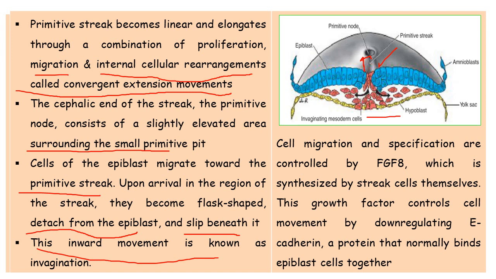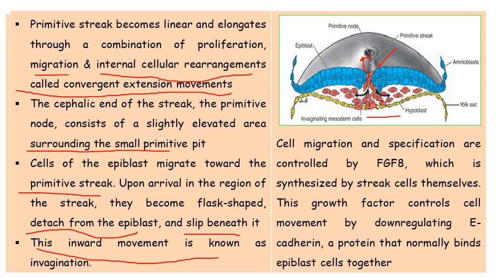So in this diagram on the right hand side in the image, this primitive node is visible, and around this primitive node is formed by the bulging of the cells all around, and in the center of this node is a pit-like structure due to the depression of the cells.